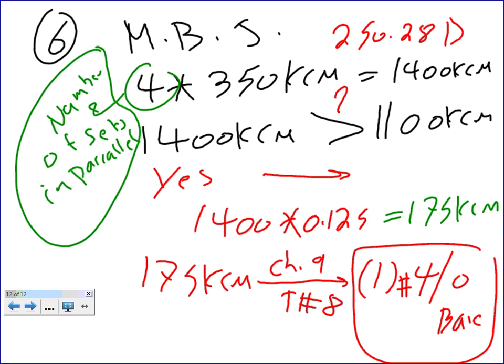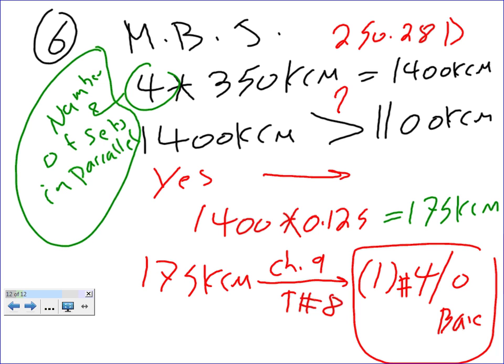Any question, guys? I mean, bonding jumper. Did you guys have any, Brad? Why is it larger? Because guys, this is 175,000. Yeah, no, I understand the size that you came up with. Why is it larger than the grounding electrode conductor?